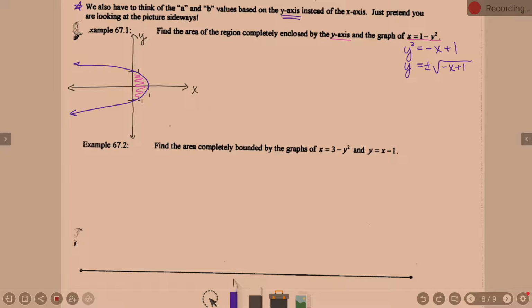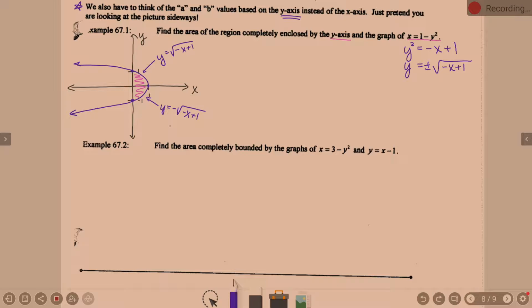What intersection points do we need to pay attention to? This was y equals the square root of negative x plus 1. That was y equals negative square root of negative x plus 1. We got this point right here of being at 1, 0, yes?